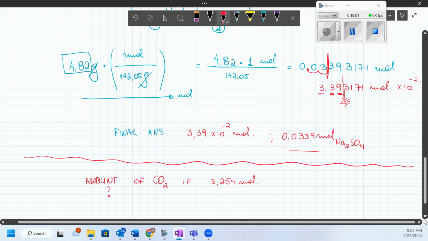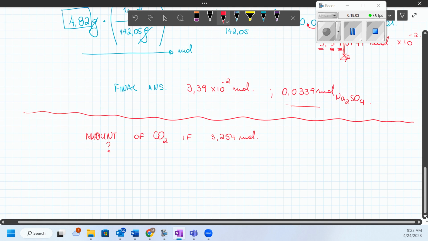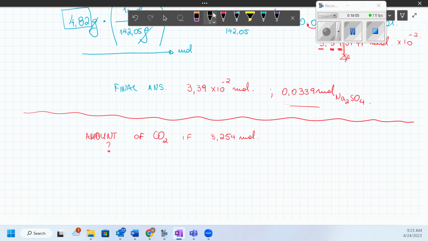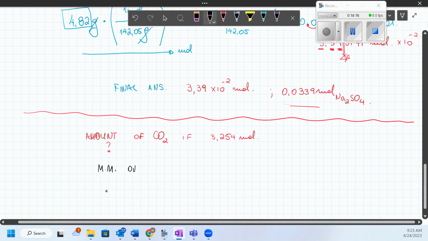So the amount is the question mark. Great. So as I said, the very first step, because we always go mass to mole, mole to mass, is the molar mass. The first step will be to calculate the molar mass of carbon dioxide.